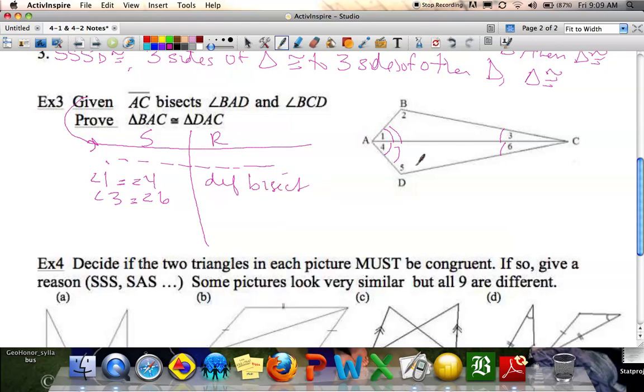So to show these two triangles are congruent, we have to use either SSS, which we just talked about above, SAS, or ASA. So I have two angles in one triangle and two angles in the other. So if I can show that the middle side is congruent by reflexive, then we've proven it.